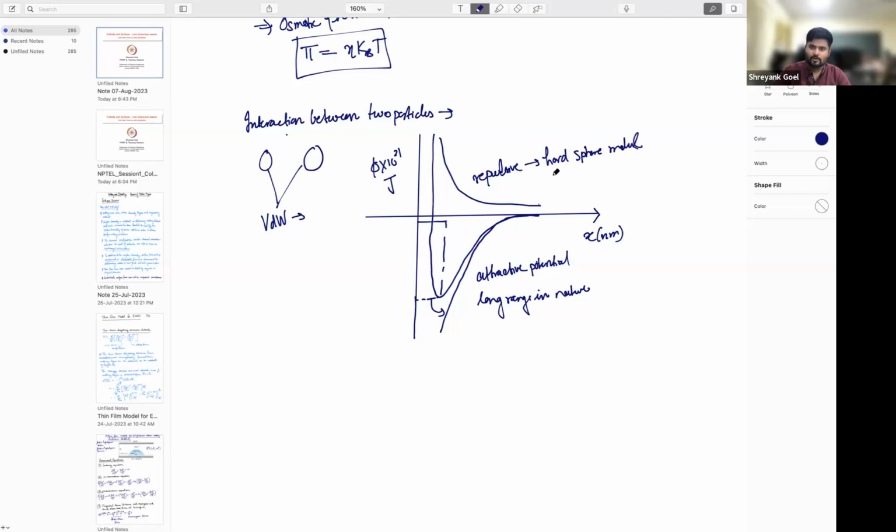This hard sphere model goes as r to the power minus 12, and this goes as r to the power minus 6. So the combination of these two is what we call the Lennard-Jones potential.